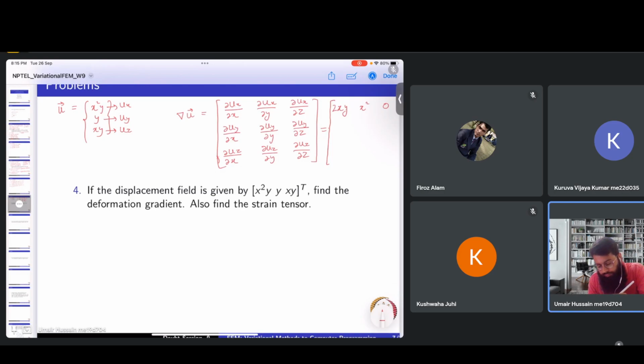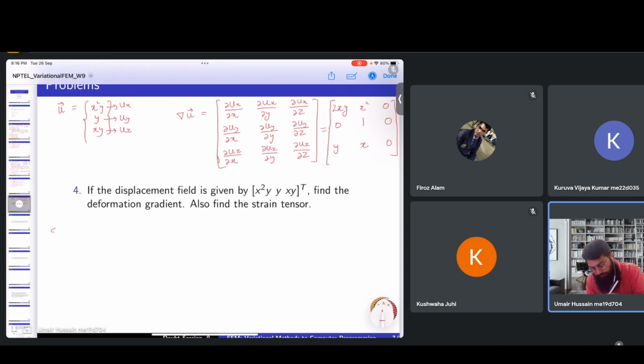Then dou uy with respect to x is 0. Dou uy with respect to y is 1. And dou uy with respect to z is 0. Then dou uz with respect to x is y. Dou uz with respect to dou y is x. And dou uz with respect to dou z is 0. So this will be our deformation gradient tensor.